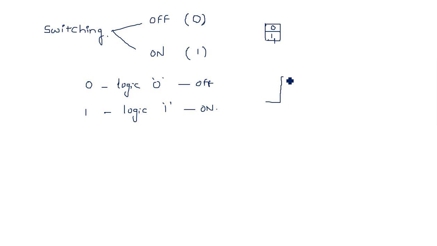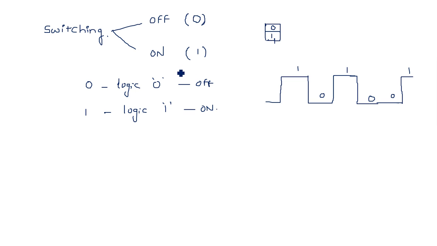In terms of a waveform, you can also represent these logic levels like this: 1, 0, 1, and again 0 here. In the next instant we have 0 and then 1. That is the representation of any logic function as a waveform.